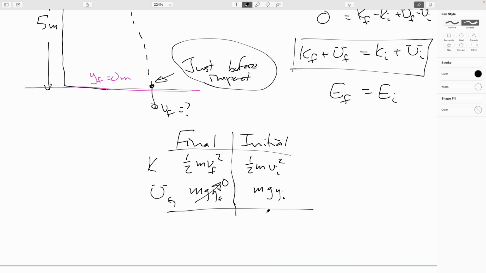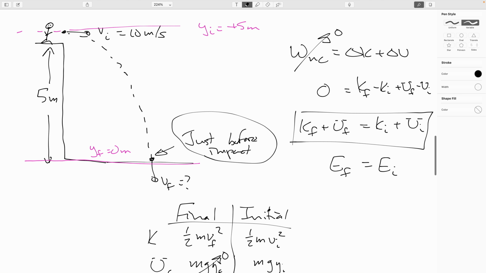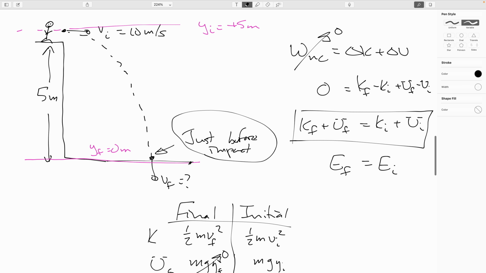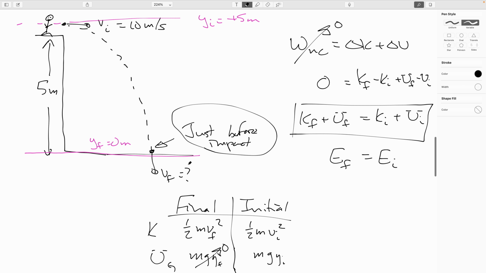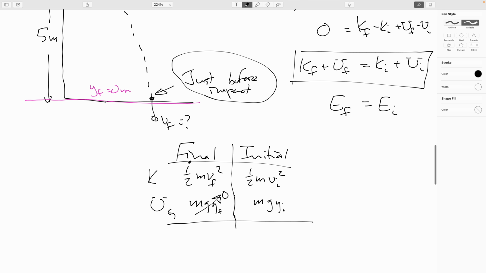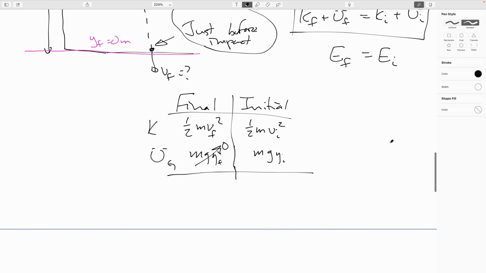Now, I could have chosen some other set of coordinates as long as up is positive here. I could have made, say, the top equal to 0, then that would make the bottom equal to negative 5 meters. You'll get the same answer, but I think it's less intuitive. All right, so anyway, we've filled out our table.